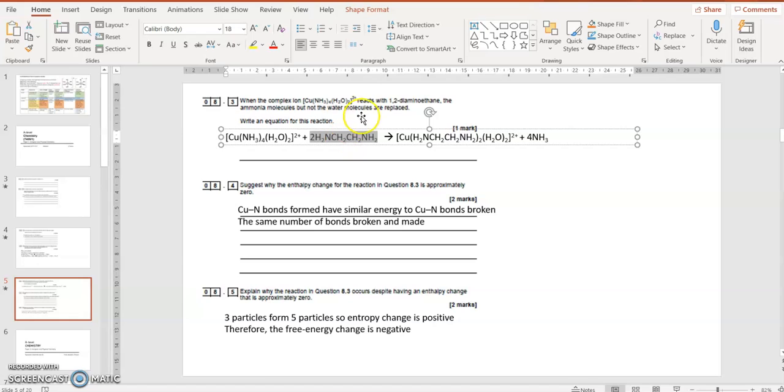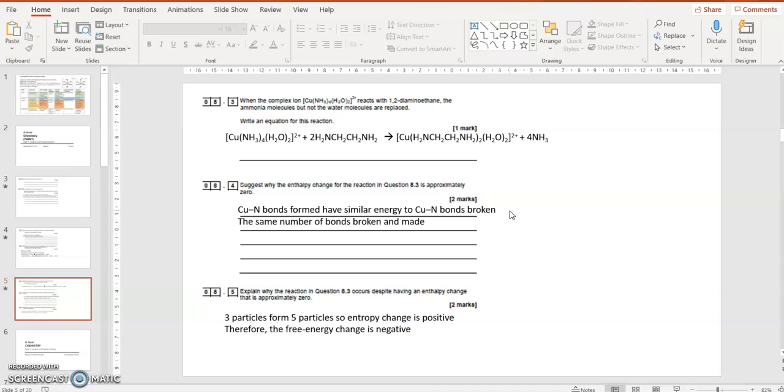It replaces the ammonia ligands, but not the water, so it's going to replace all four. You'd only need two of these bidentate ligands to replace the four monodentate ligands, which are the NH3s. So two of these replace the four ammonias, and then coming off are the four ammonia ligands.